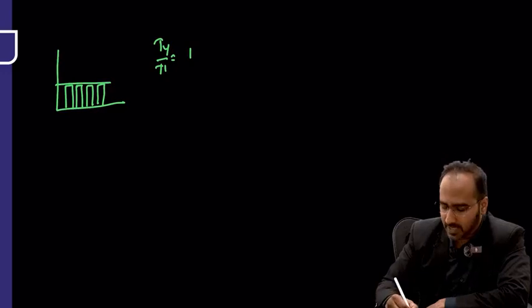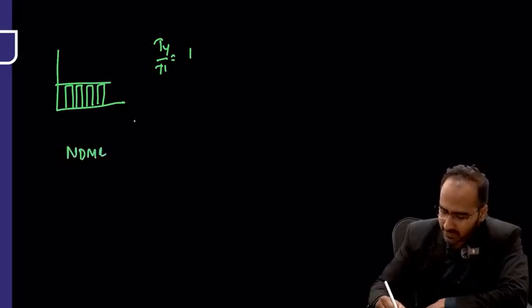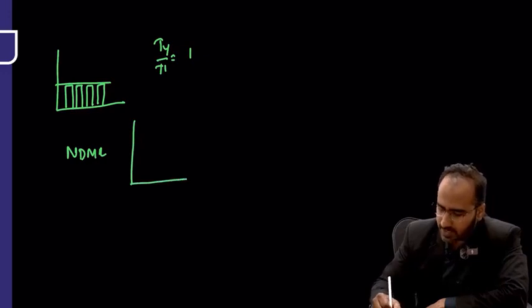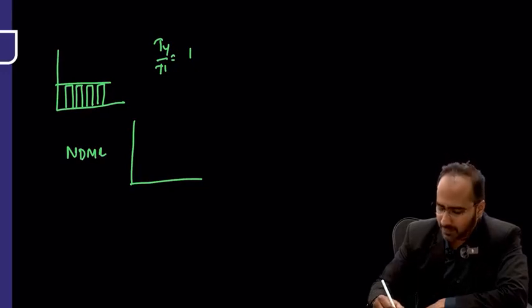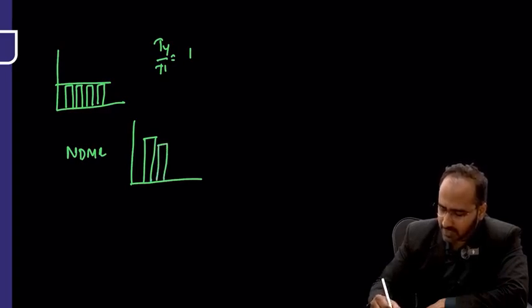Whereas if you give a non-depolarizing muscle relaxant, what will happen, guys? Just look over here. After giving this non-depolarizing muscle relaxant, after 1 minute, if you take this train of 4 ratio, the first twitch height will come like this. The second twitch height will come like this. The third twitch height will come like this.